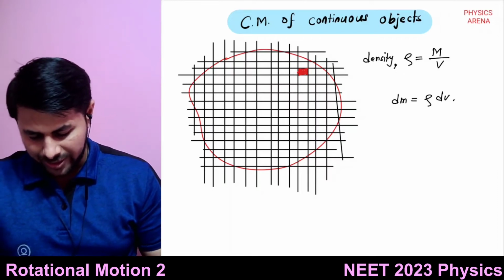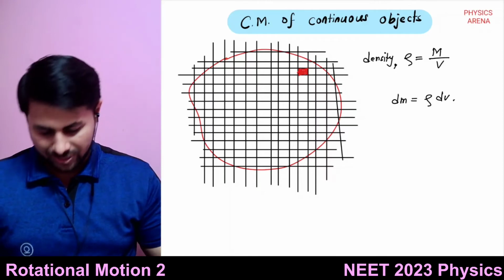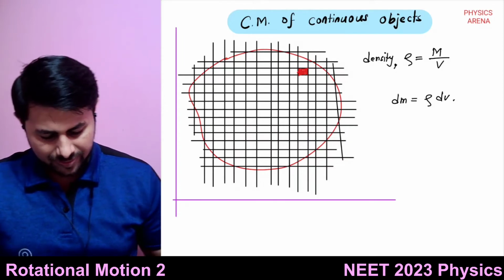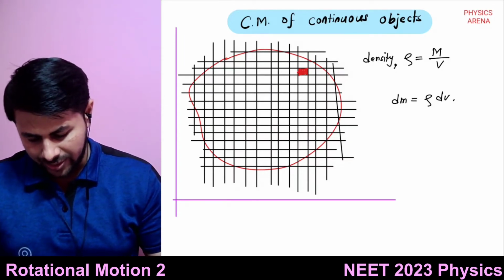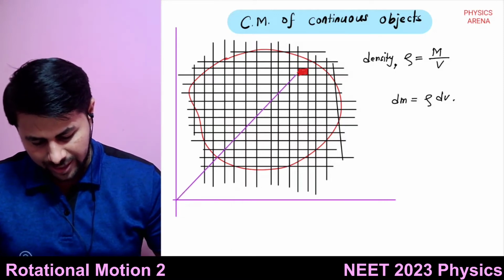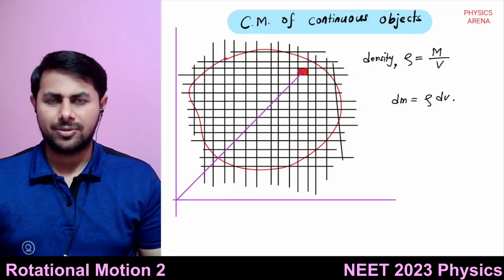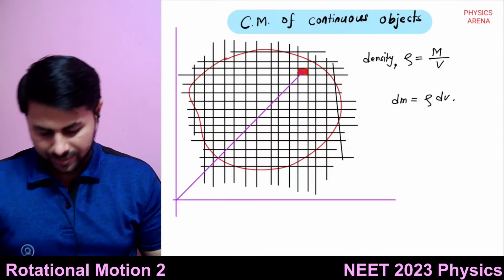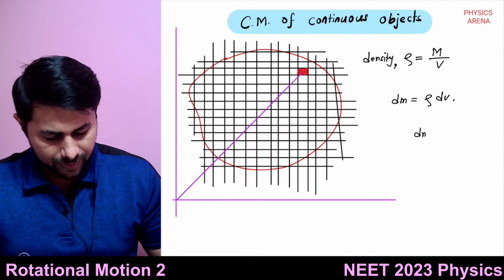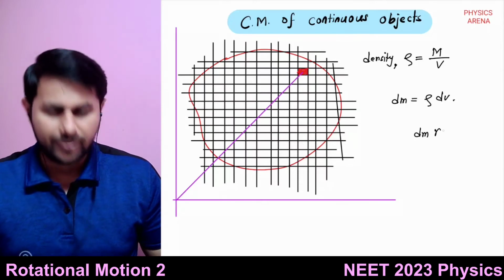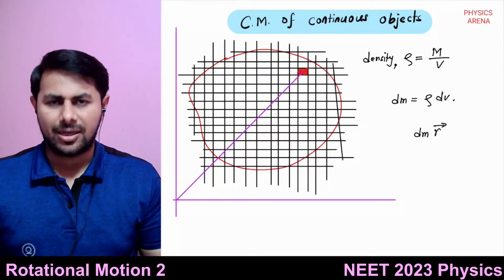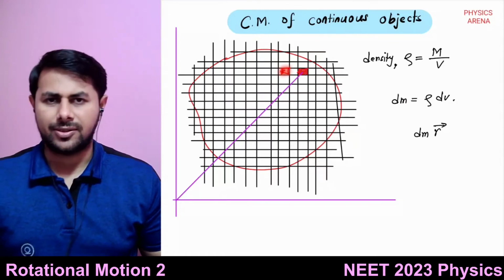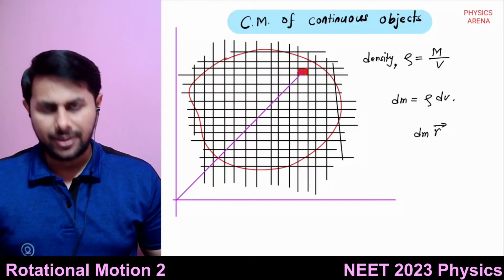Okay, so now how to find out the center of mass? Consider some coordinate system. Let's suppose this is a two-dimensional object only, so consider a coordinate system like this, x and y coordinates. This piece will have some position vector, let's suppose r bar. So you take one mass dm and find its position vector. You do it for all such small pieces on the body and add it up.